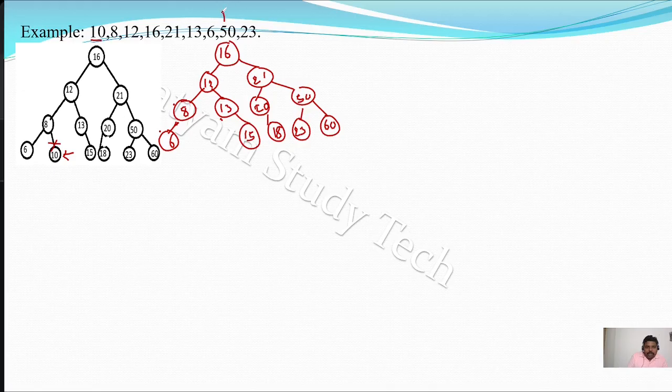What is meant by balance factor? Balance factor means height of the left subtree minus height of the right subtree. It should be 0, 1 or minus 1 only. Other than that it is not balanced.